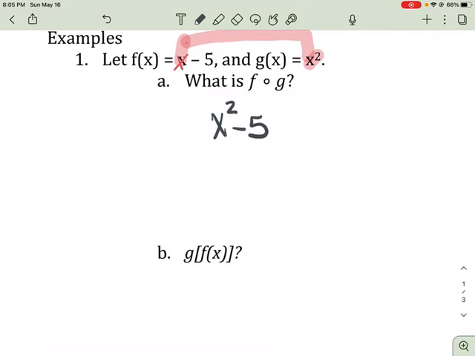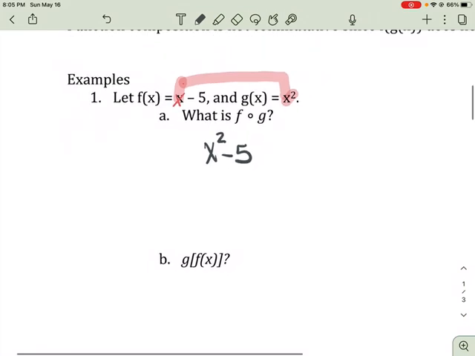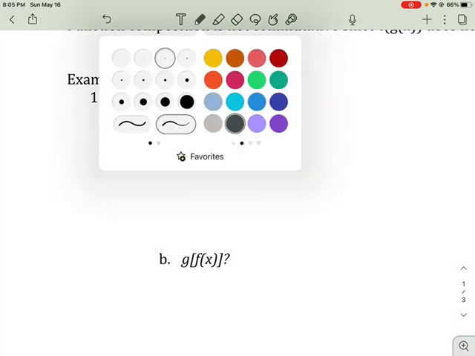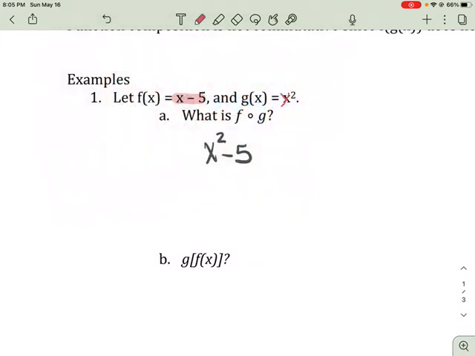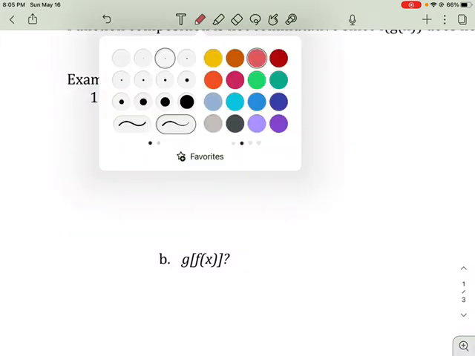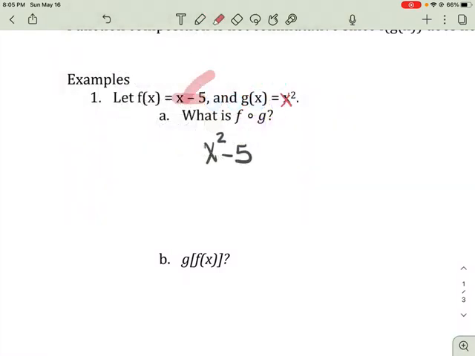This says g of f of x, meaning g composed of f of x. So we're going to go to f of x this time. We're going to take this entire thing, come over here, take out the x, and put that whole expression in for x.